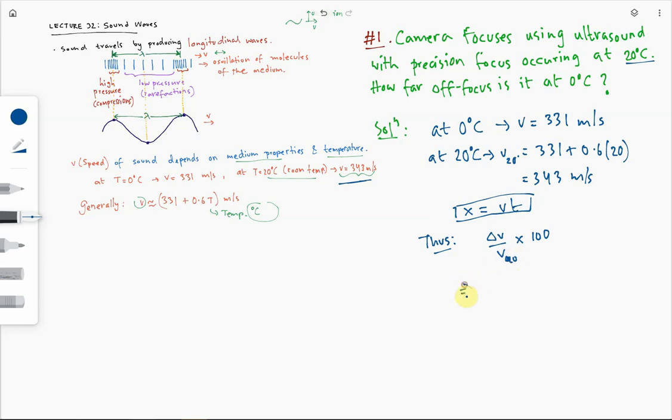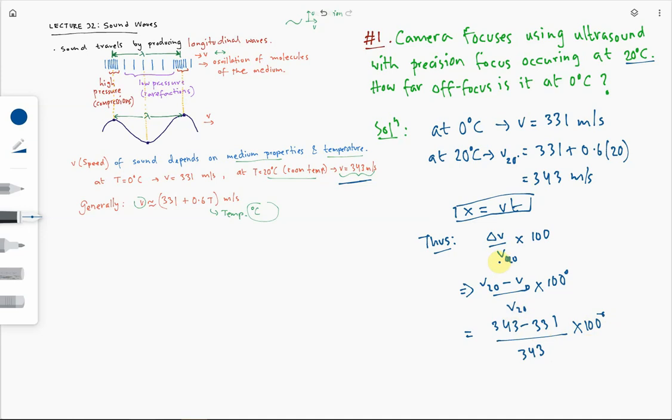Now the change in V is V at 20 degrees minus V at 0 degrees over V at 20 degrees times 100%. This comes out to be 343 minus 331 over 343 times 100%.